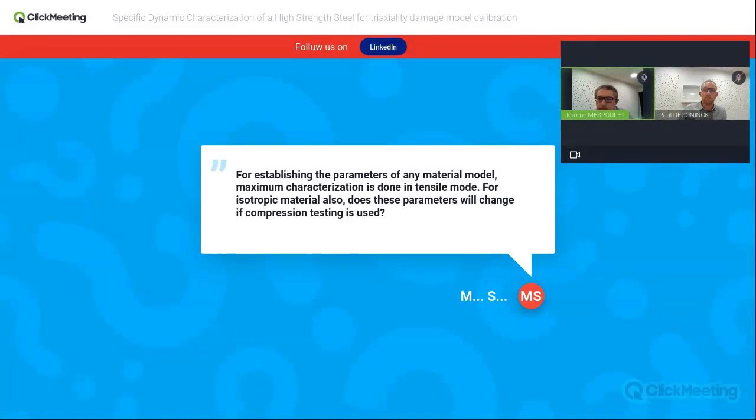And if your material will also exhibit different triaxiality levels, then you will have to combine the modes, tension with shear or compression with shear, and evaluate the effect of this loading on the failure strain.